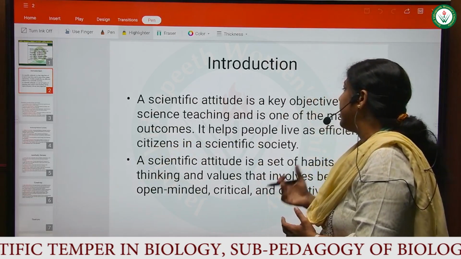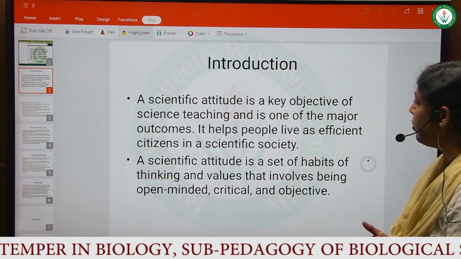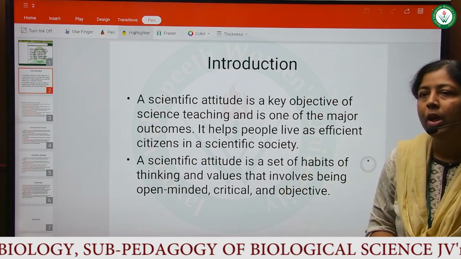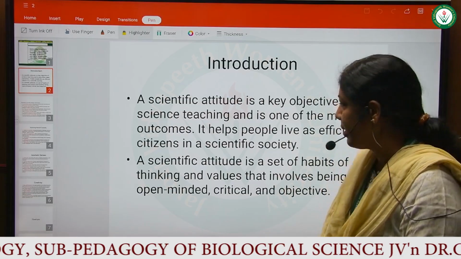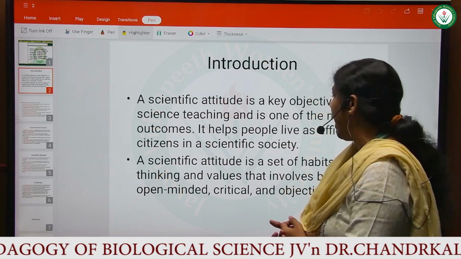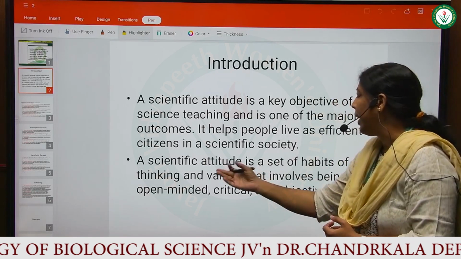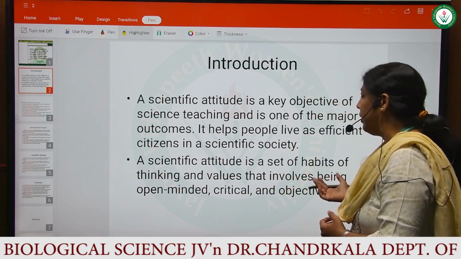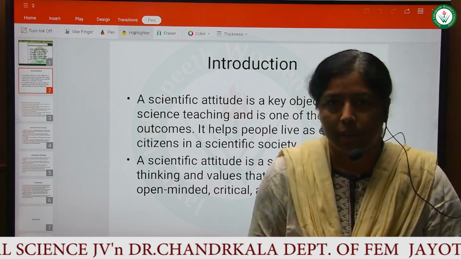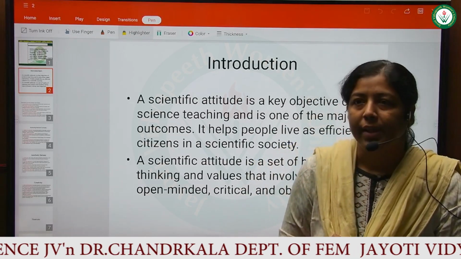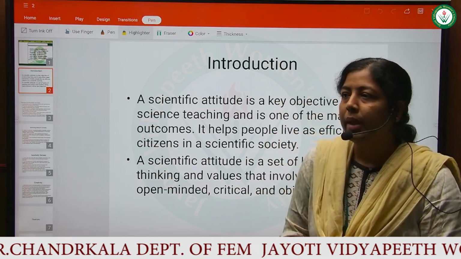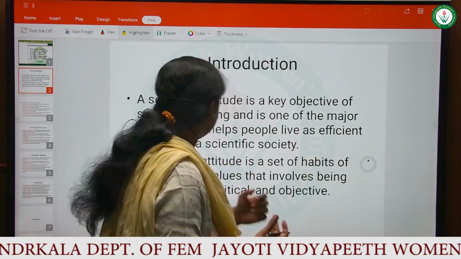So when we say scientific attitude, it is the key objective of science teaching and one of the major outcomes of science. Scientific attitude is a set of habits of thinking and values involving being open-minded, critical, analytical thinking and problem-solving tendency, which the student has to develop within themselves to solve scientific problems.